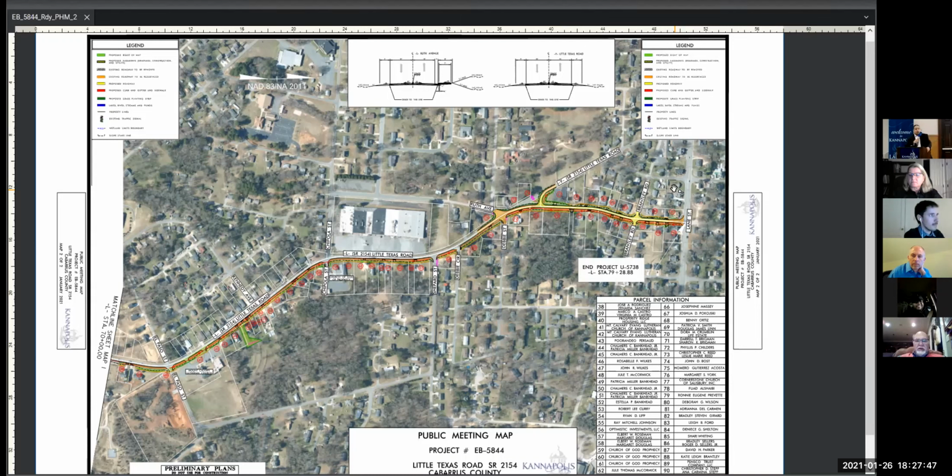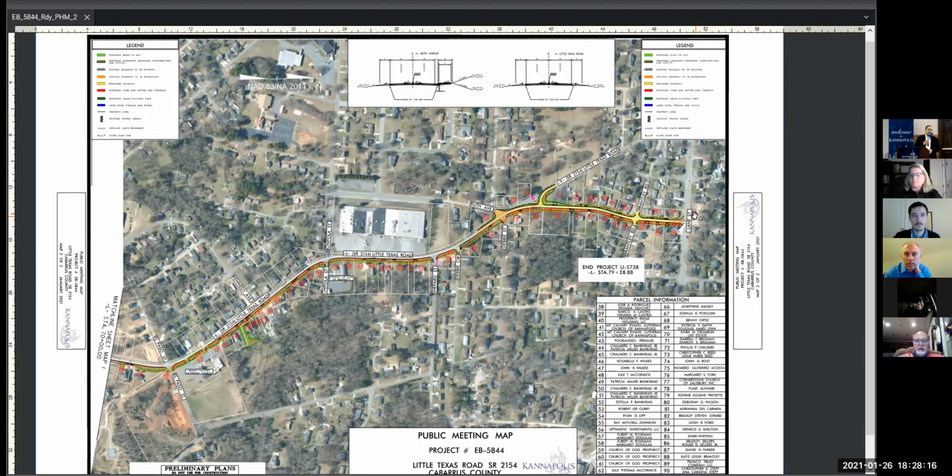At some point we'd love to have sidewalk on both sides. As development occurs on the opposite side, we certainly could add sidewalk to that side. If the road were widened, we're setting it up so that all you would need is the opposite side of the road to widen it.